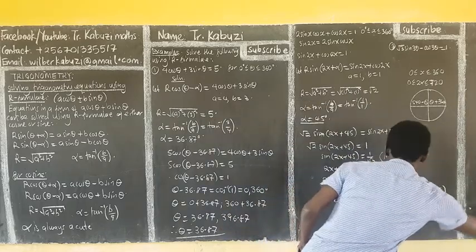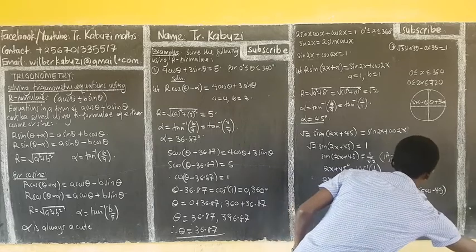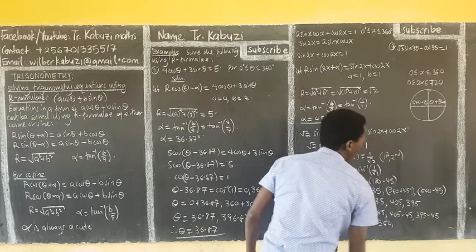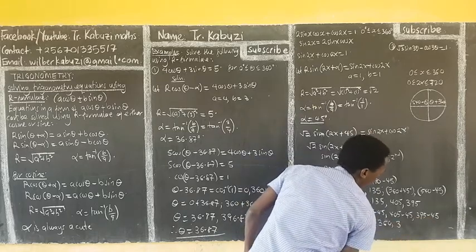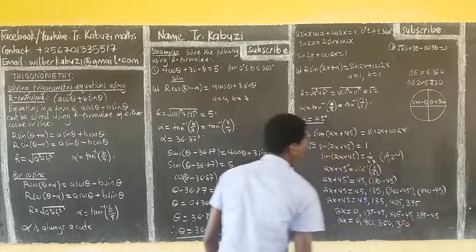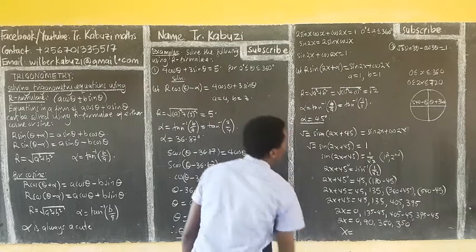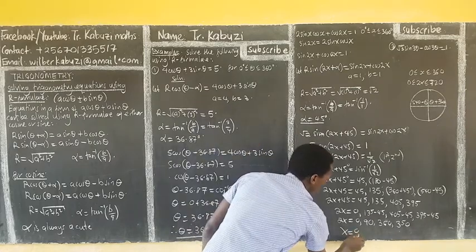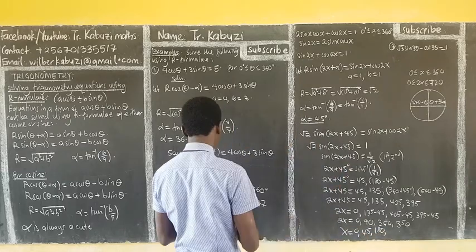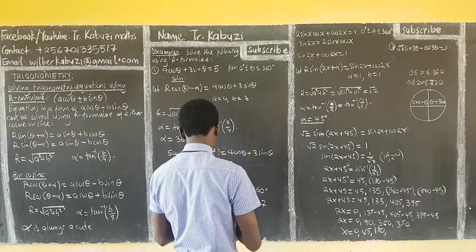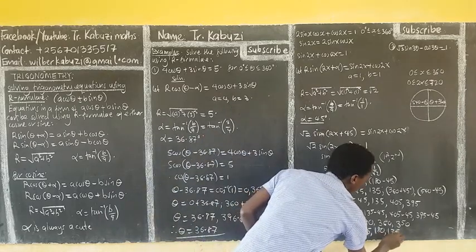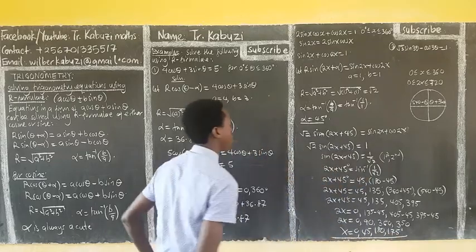Then 495 minus 45 is 450. Then we divide through by 2, so our x now becomes 0, 45, 180, and dividing the last one, 225 degrees. So those are the angles we have.